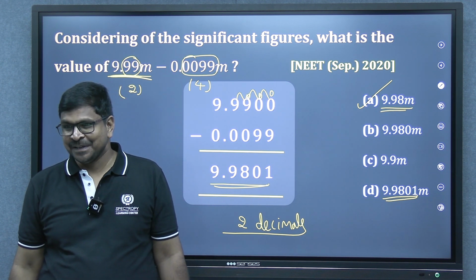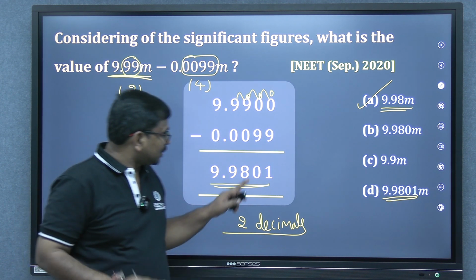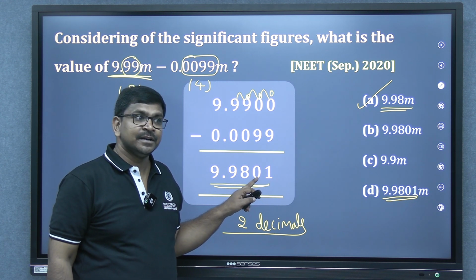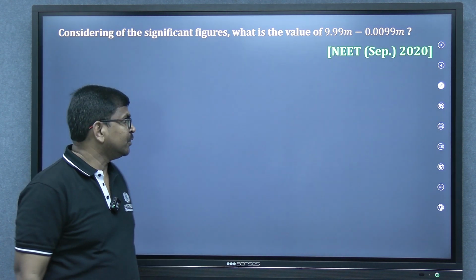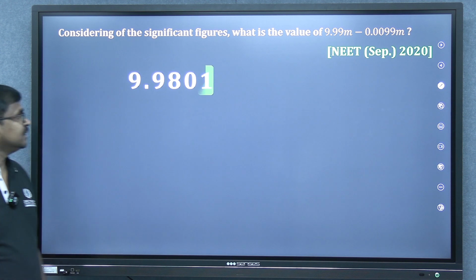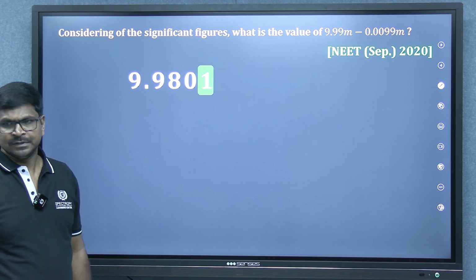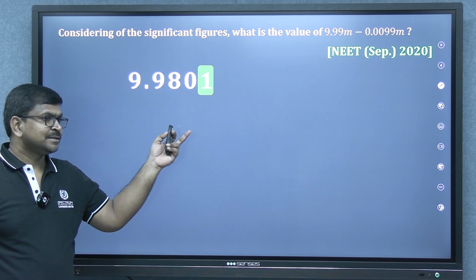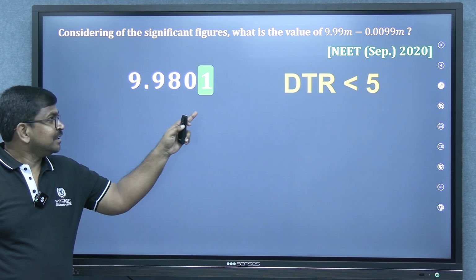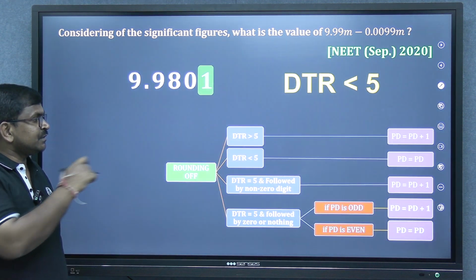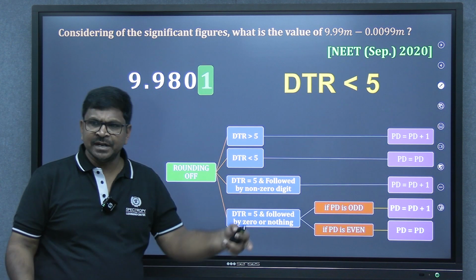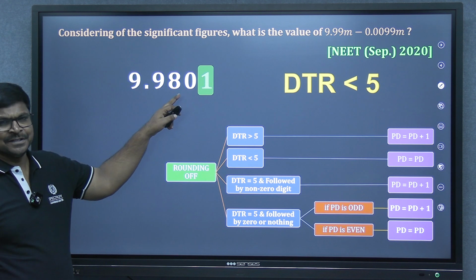Suppose you want to round off to get 2 decimals, then you can do something like this: 9.9801. What is the DTR? 1. Is it less than 5 or greater? Less than 5. If the DTR is less than 5, the rule is PD remains the same. What is PD here? 0.